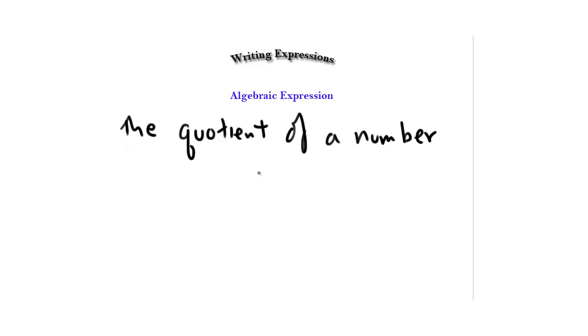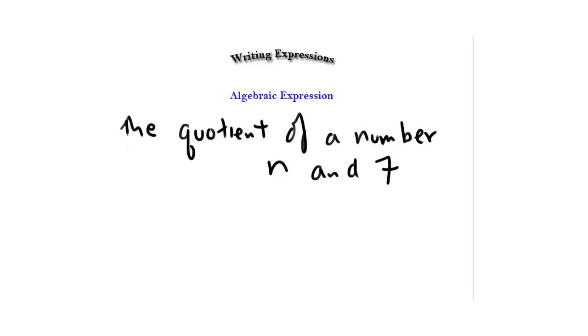And one more example. What if you have, say we have the quotient of a number n and 7?